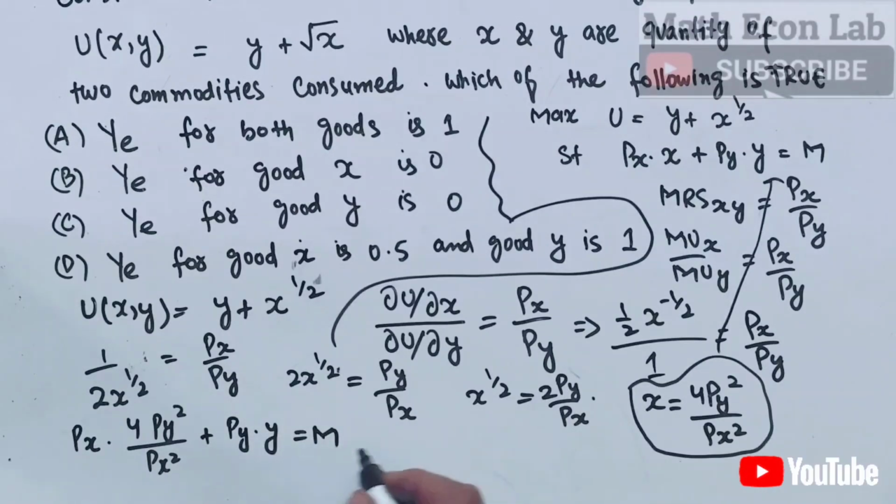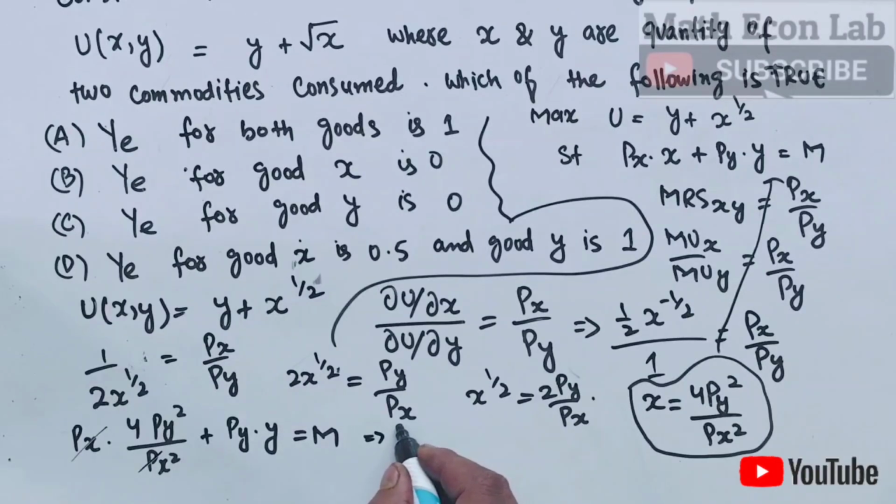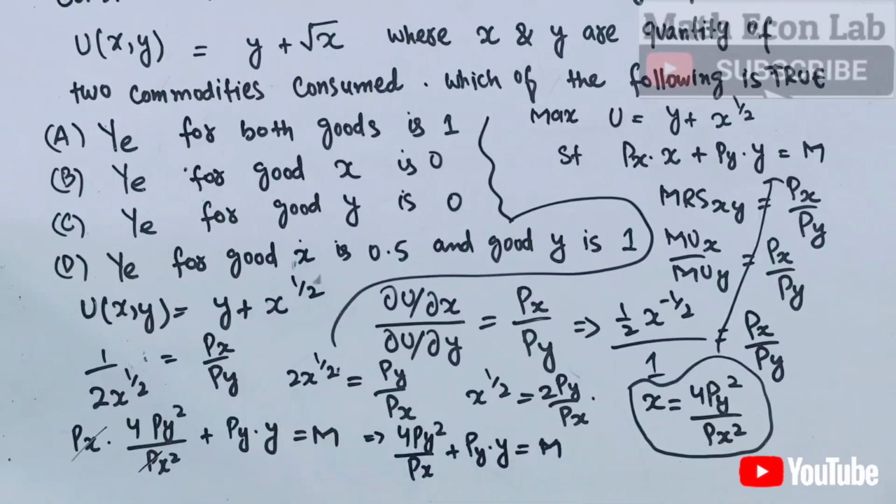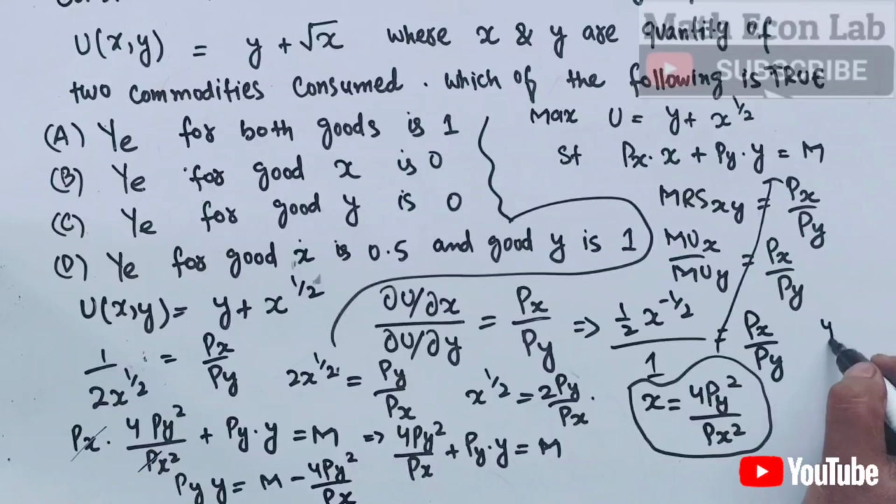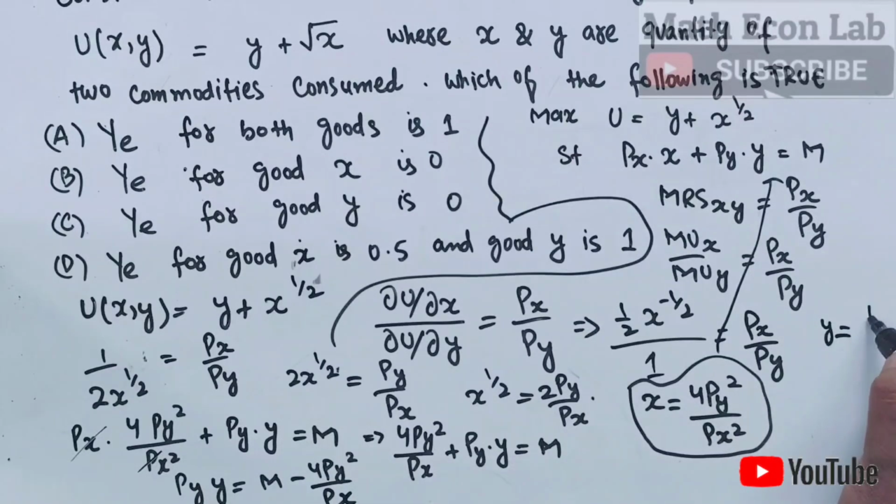Solve for y, so y will be equal to, so here 1x gets cancelled, so we get 4 py square divided by px plus py times y is equal to m, or py times y is equal to m minus 4 py square divided by px, or if I write it here, y will be equal to, transpose this, it gets divided, so m divided by py times 4 py square divided by px.